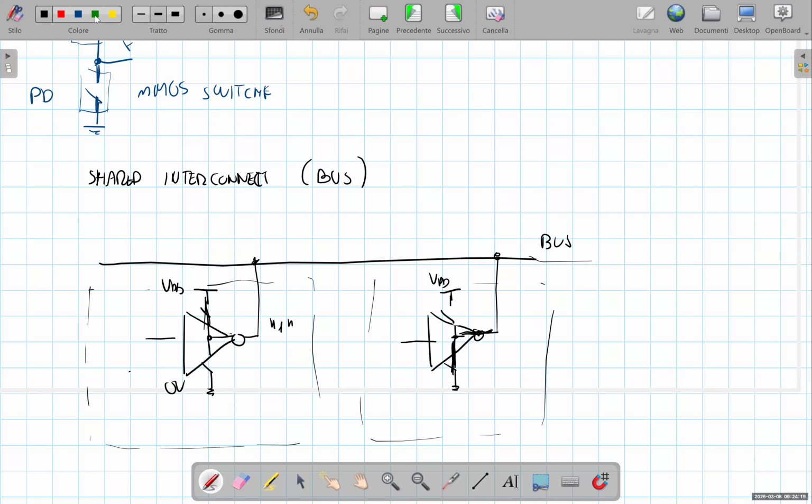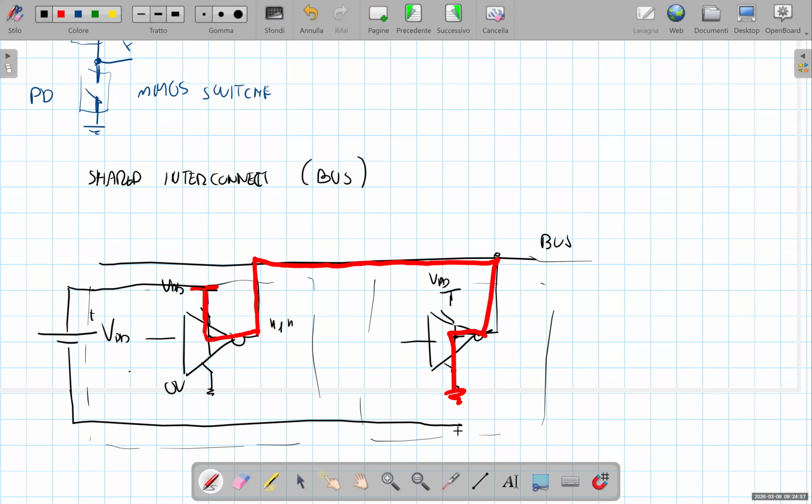Well, in this case we are establishing a very low impedance path, basically a short circuit between the power supply voltage and ground. We should not forget that from the electrical point of view, here we have a battery, VDD, which is connected in this way.